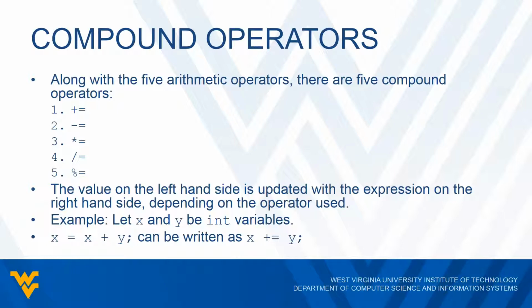So in this case, we're basically just updating x by taking its current value and either incrementing it by y, decreasing it by y, multiplying it by y, dividing by y, or taking the remainder of dividing it by y. So it's just a way of updating the current value that's in the left-hand side.